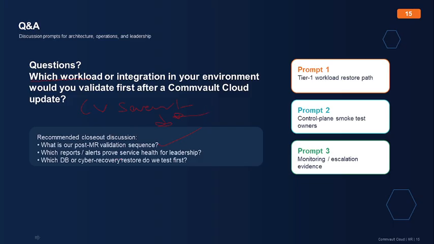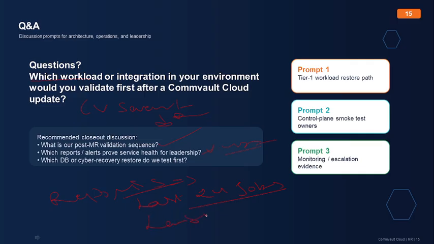Which reports and alerts prove the service health for leadership? This is very, very important. I'm saying reports, so which reports? Is the last 24 hours of jobs sufficient for your leadership?